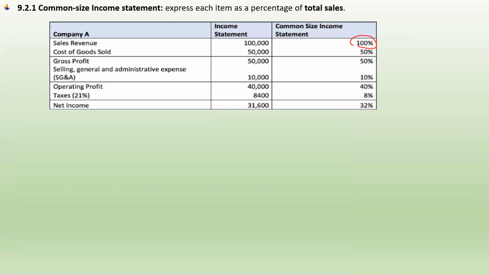Then we find that the cost of goods sold is 50% of sales, and the gross profit is 50% of sales. The sales, general, and administrative expenses are 10% of sales, so the operating profit is 40% of sales. The tax divided by 100,000 is around 8.4% of sales. Finally, net income is 32% of sales.